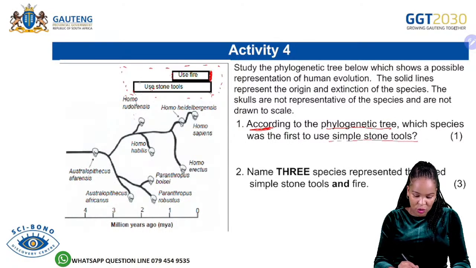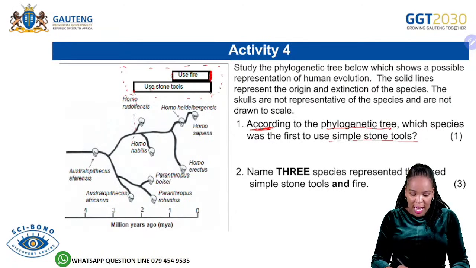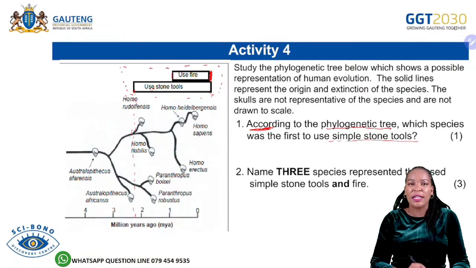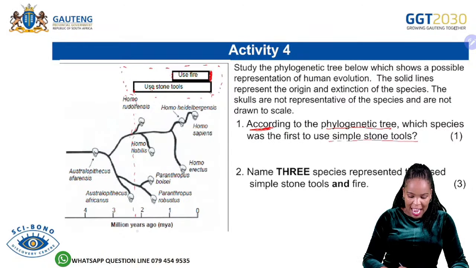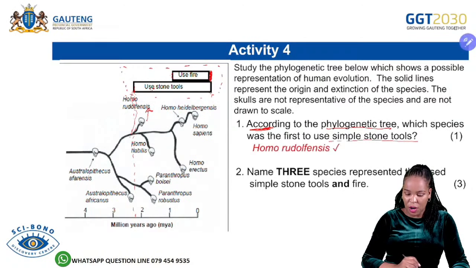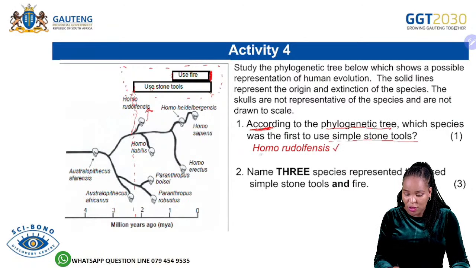You're going to draw a line there at the beginning and see which ones were the first to start using the stone tools. So according to our line there, the first one that touches there is this one, Homo rudolfensis. So let's check if we are correct. That is correct.